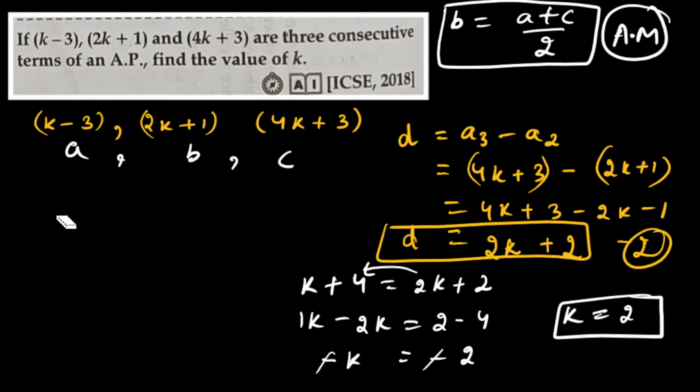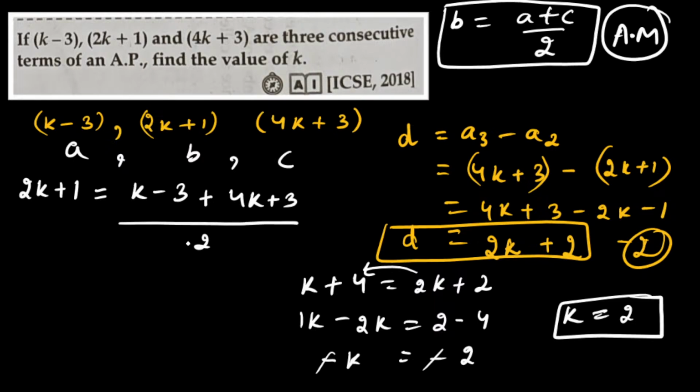So B is 2K plus 1, A is K minus 3, plus C is 4K plus 3, by 2. 2 will shift to the other side and get multiplied. 2 into 2K plus 1 is equals to, here we can simplify like terms.